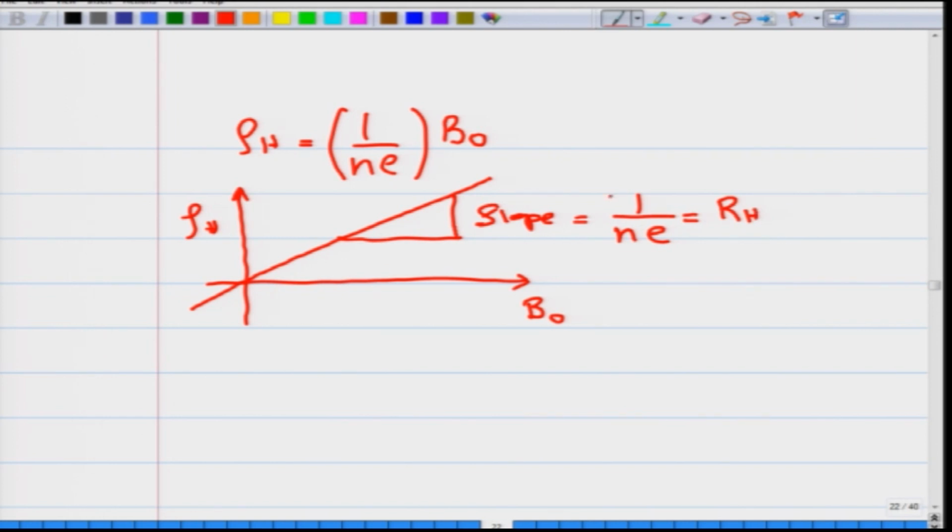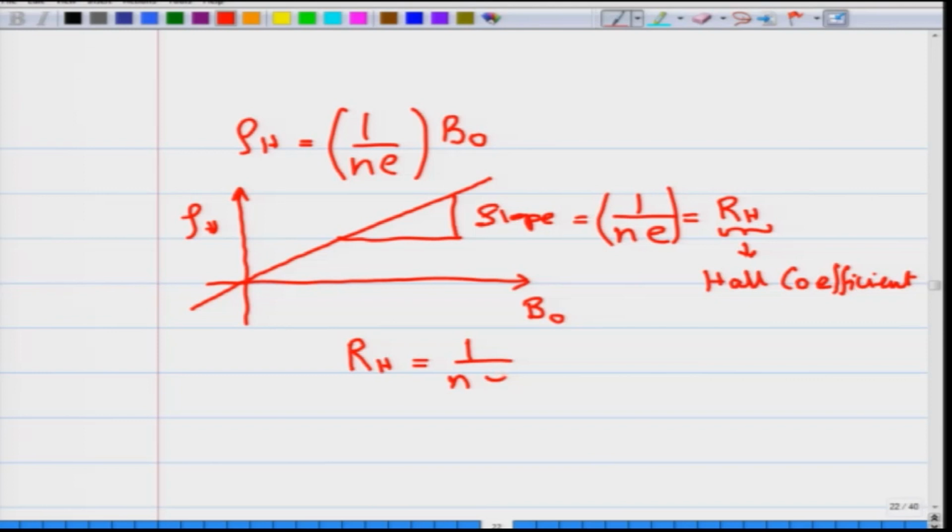This quantity 1 over Ne is given a term Rh, and this is called the Hall coefficient. The Hall coefficient Rh is inversely proportional to the density of electrons, and it depends on the charge of the charge carrier which is moving through the material.